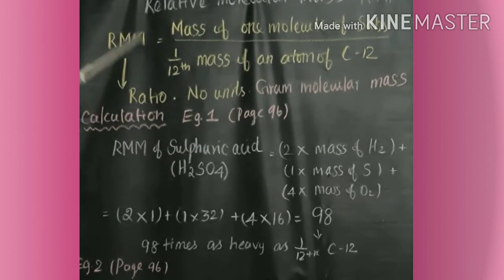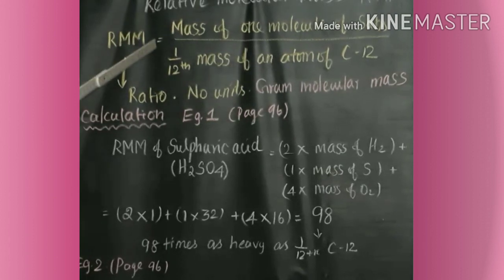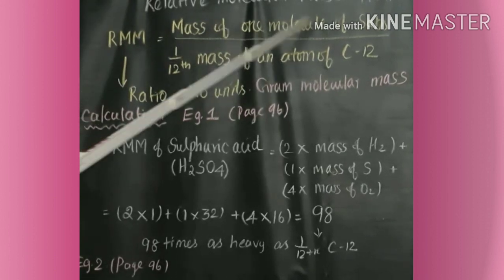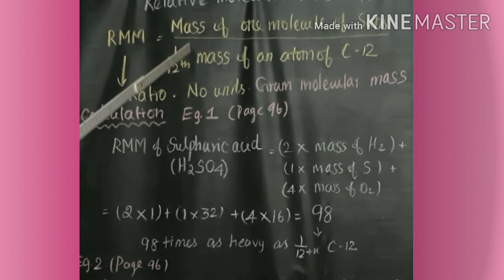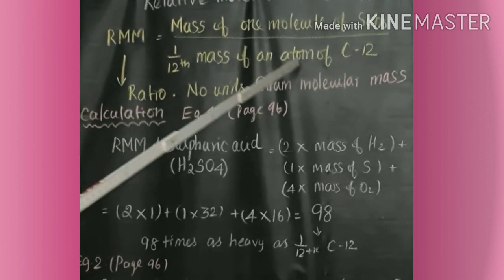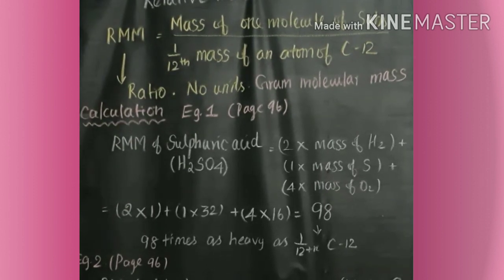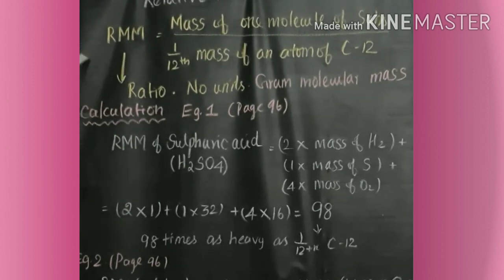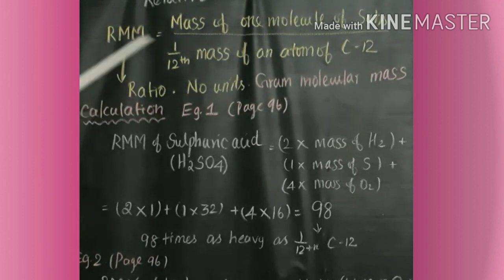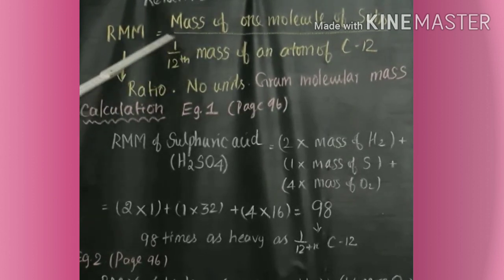What is relative molecular mass? RMM is equal to the mass of one molecule of the substance divided by 1 by 12th part of the mass of an atom of C12. One thing you have to listen to here: in the case of either RAM or RMM, in both cases you have to find one thing.